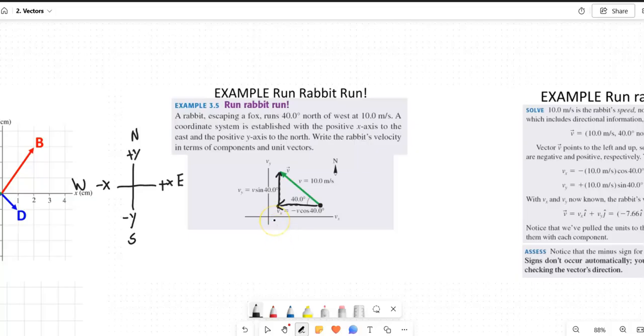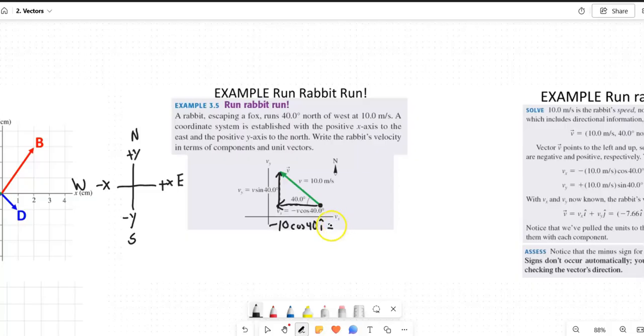And so just like our trigonometry review, we've got to take this and the angle and turn it into its two component vectors. Well, the x direction component vector is going to be hypotenuse times cosine of 40 degrees. And that is pointing to the left. Okay? And that is I hat.